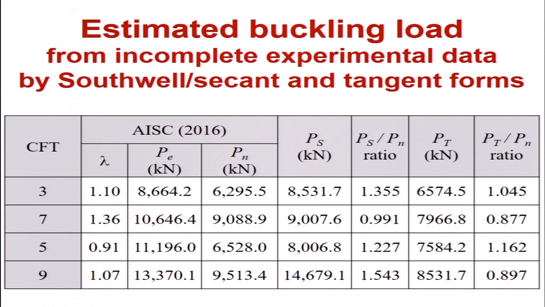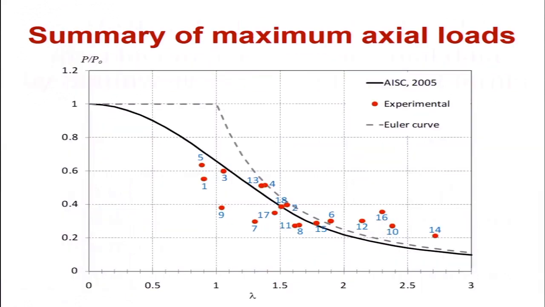And so we need to be careful in just saying that this is an approximation, but it is something that is actually quite valuable to us because we were then able to come back and plot all the results from the 18 tests into the column curve and get what I think is a pretty good match. Okay? And so that gave us a lot of confidence that the design provisions that we have in the AISC specification are correct.